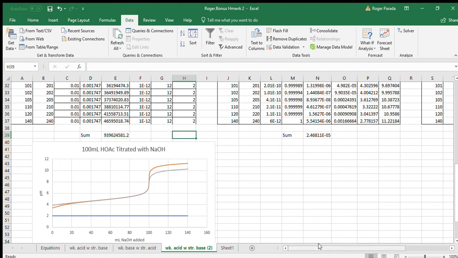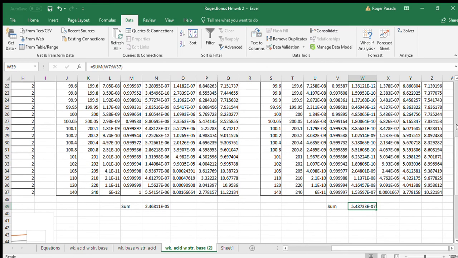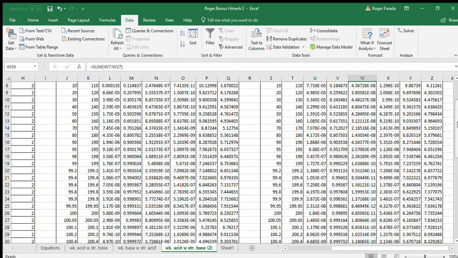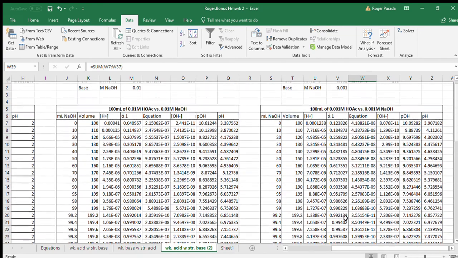It's a little bit tedious, and that's going to take a while since I've already run it, but it's going to give us something similar to this. We're going to see our sum value become very small, and your pH values, as you can see, will become between 1 and 14, which is what we should expect.